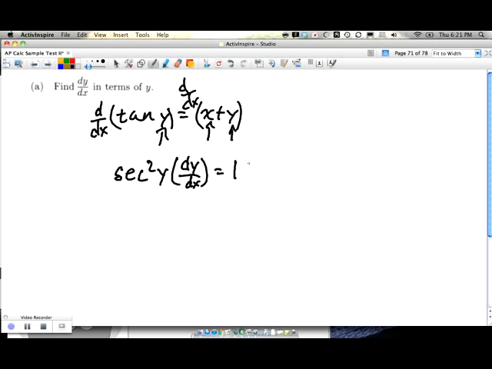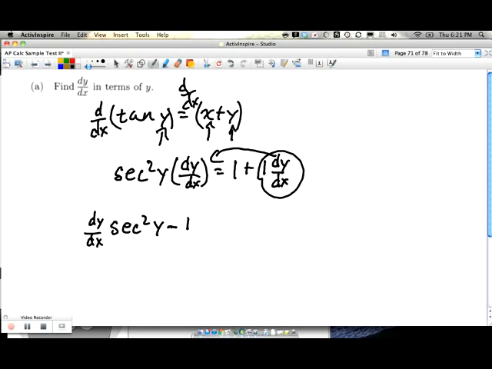Now to simplify, I'm going to have secant squared y dy dx. If I move this term over to the other side, it's going to be minus 1 times dy dx, and that equals 1.